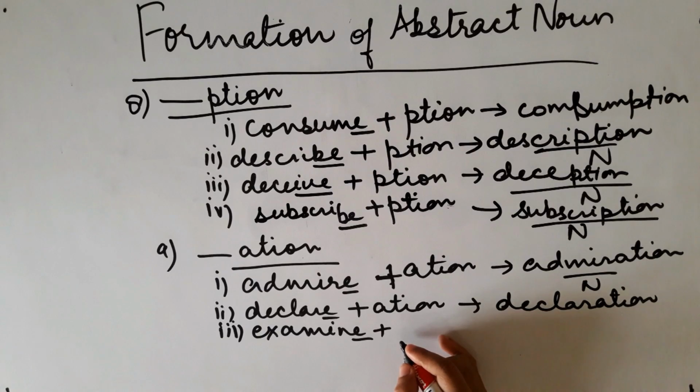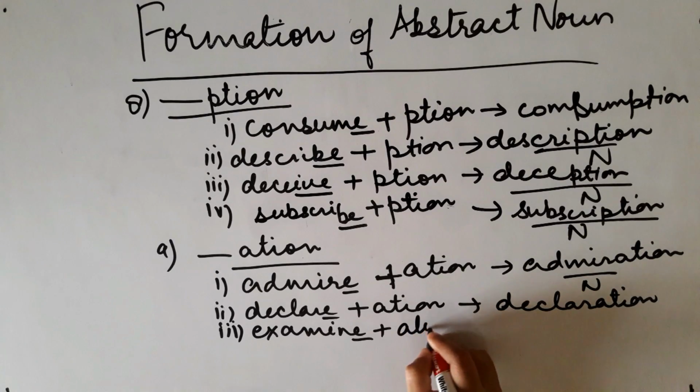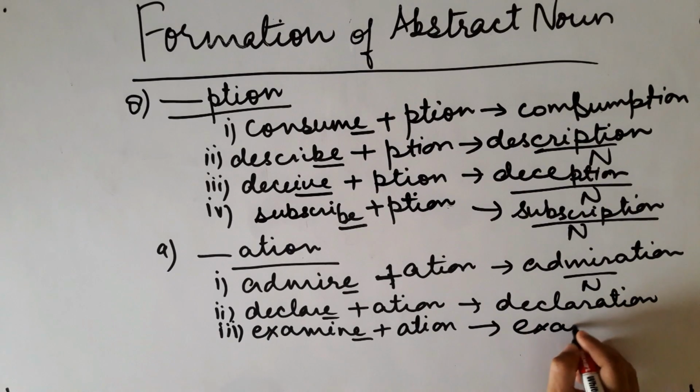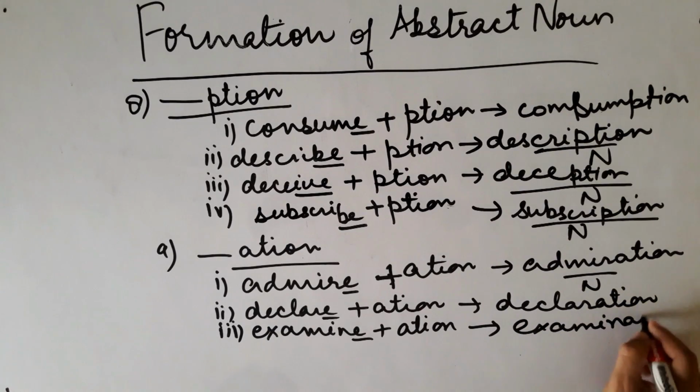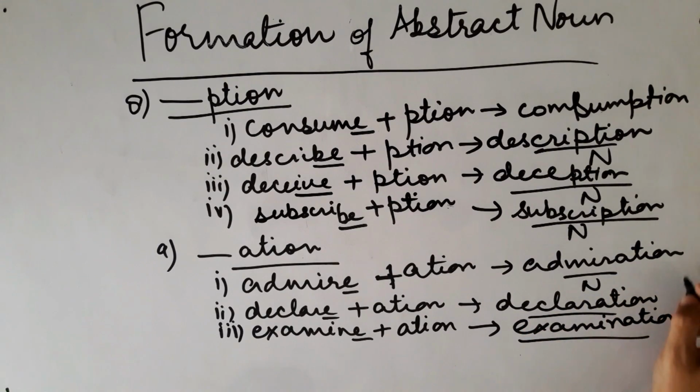Examine is the word which is a verb. We are replacing e, we are adding a-t-i-o-n and it becomes examination, which is a noun. So in this way we are changing all these verbs into nouns.